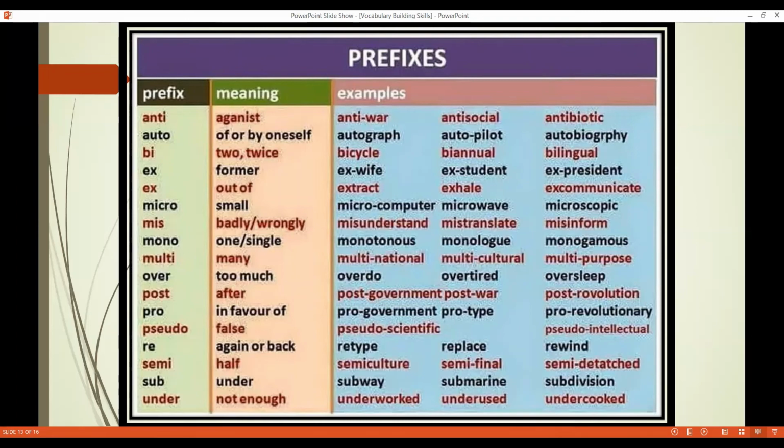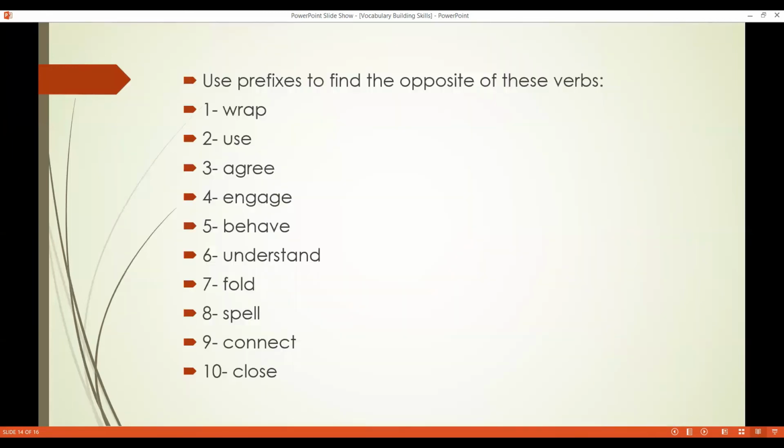Take some time out to look at these prefixes, the list of a few important prefixes along with the meanings and the examples. Now, spend some time and read these 10 words.